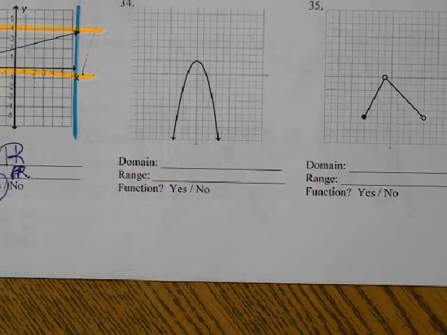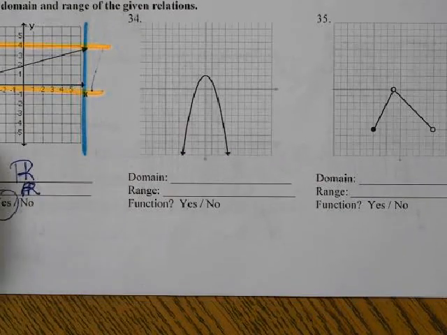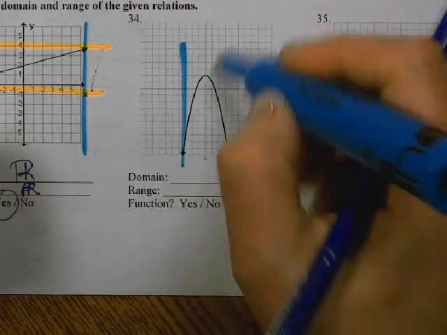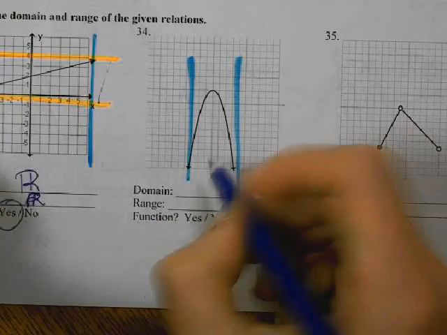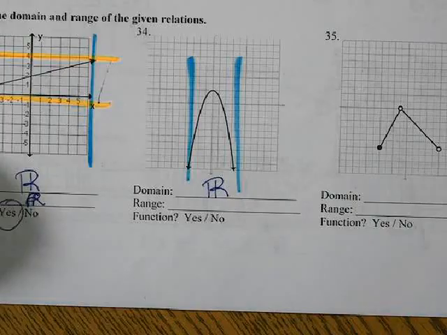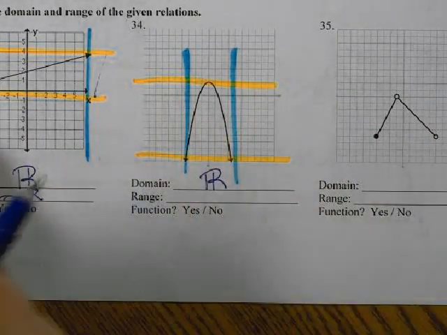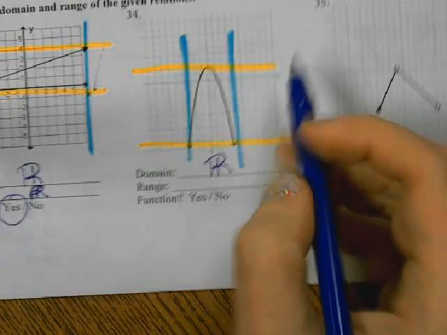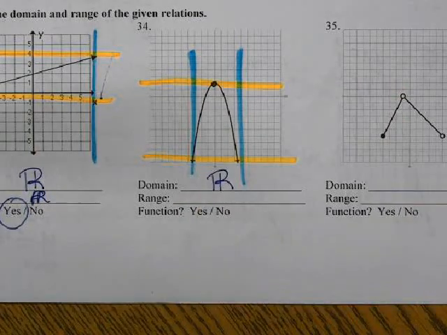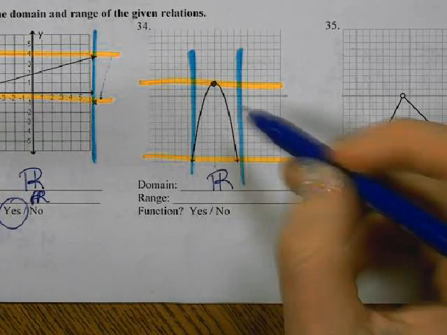Alright, almost done, guys. Hang in there. Two more questions. If I draw my boundaries on number 34, the blue lines both touch an arrow, so that's going to be all real numbers. If I draw my top and bottom, the boundaries, only one side touches an arrow. So this is a solid dot up here, and it's getting smaller.